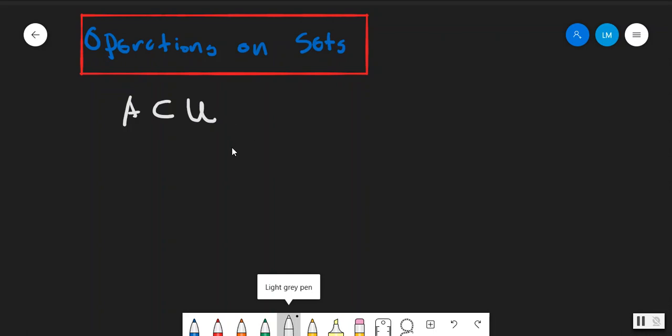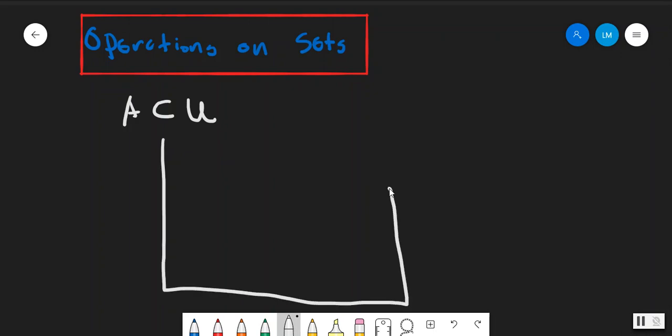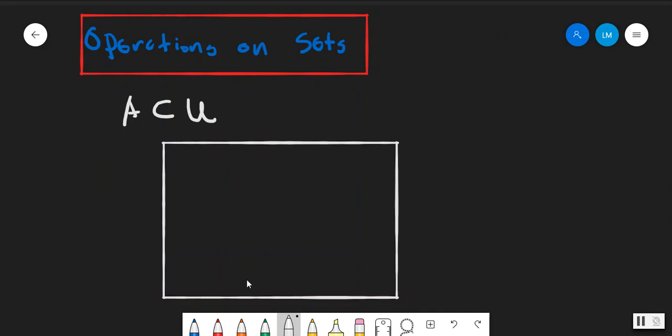Now, what this means is that essentially we have an entire universal set in question, and we have that the set A will be like this. Okay, well, this is our set A, so we'll just put A right here.